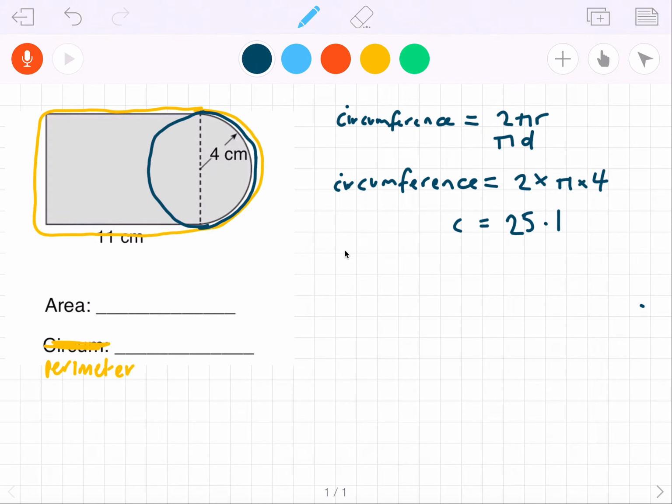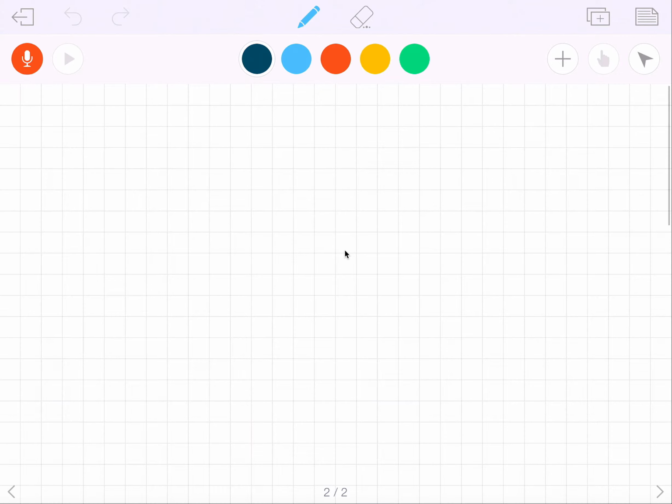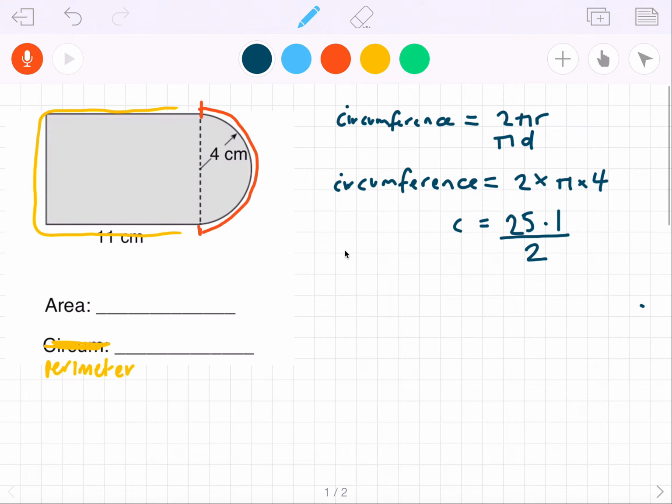We haven't got the whole circle, we've only got half the circle, so the circumference of this bit here is going to be 25.1 divided by 2, which we don't need a calculator for, and which is 12.55.